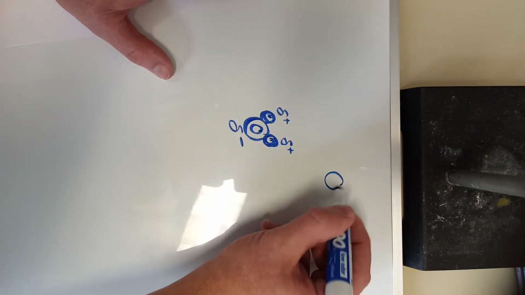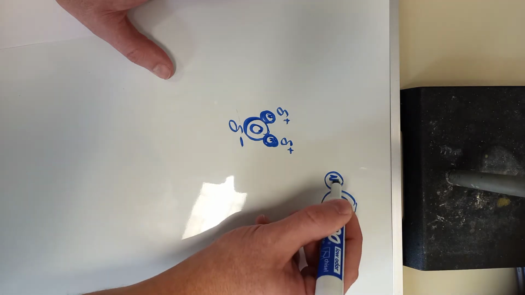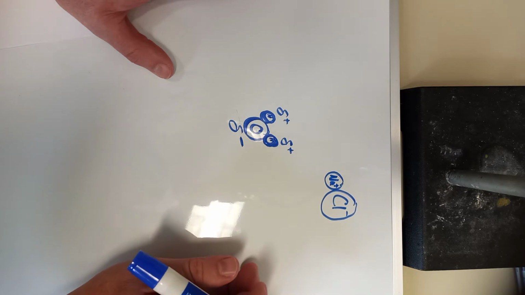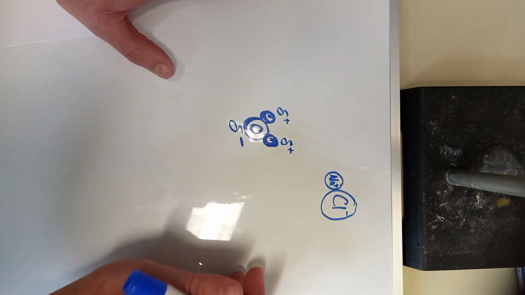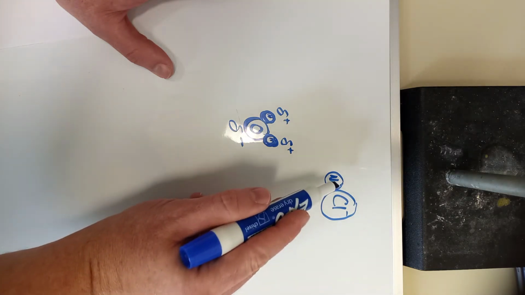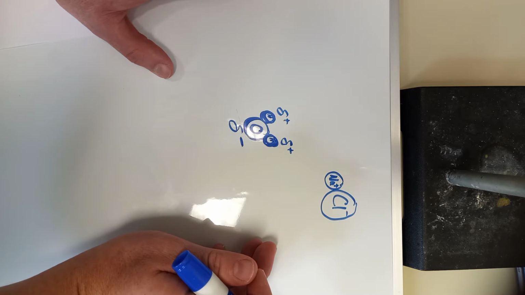Say we have NaCl. Na is the smaller ion because it lost an electron, and chloride is the larger ion because it gained an electron. Because one's positive and one's negative, they are attracted to each other.